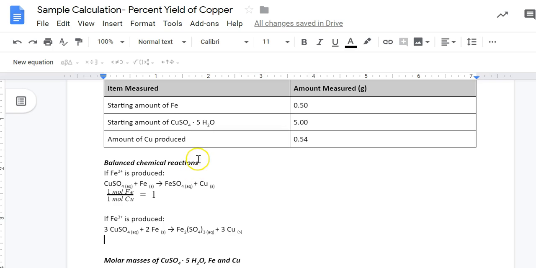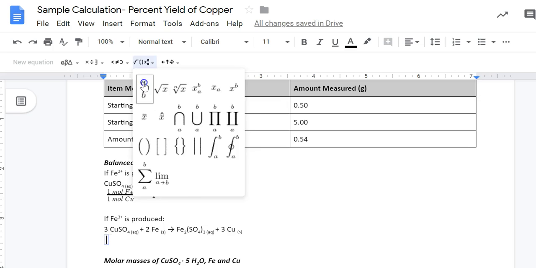And again, I can add my mole ratio by going to New Equation, Math Operations, A over B.